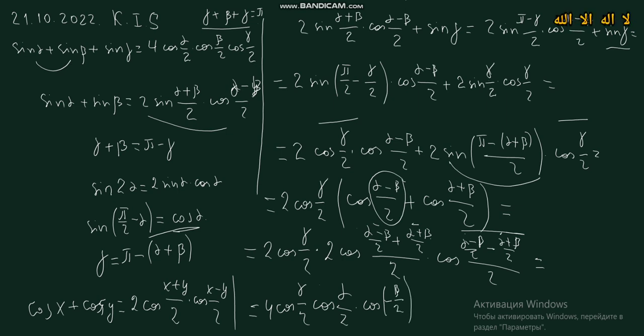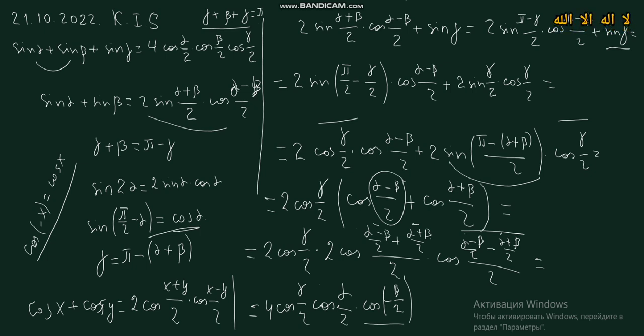But we know that cosine is an even function, so cosine of minus x is always equal to cosine of x. So instead of cosine of minus beta over 2, I may write cosine of beta over 2.